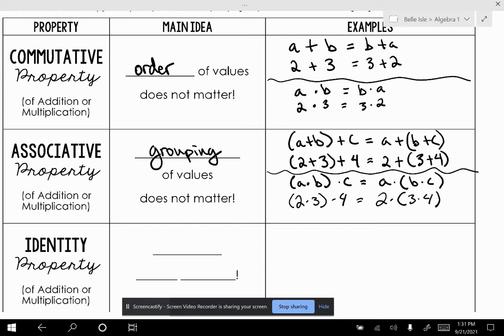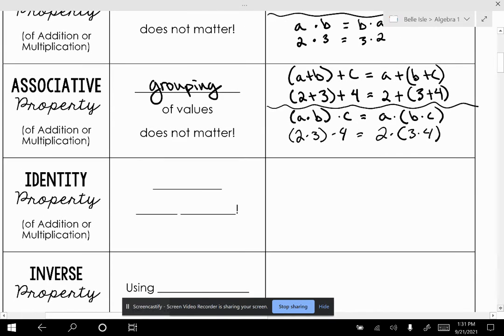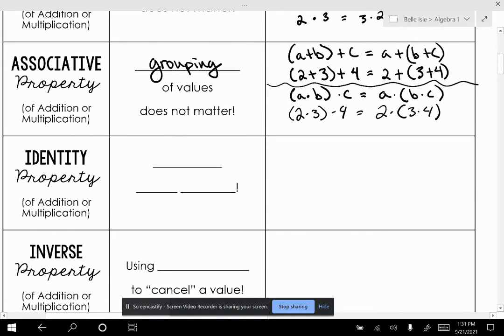Identity property. Identity property, dealing with addition or multiplication. We're going to say stays the same.